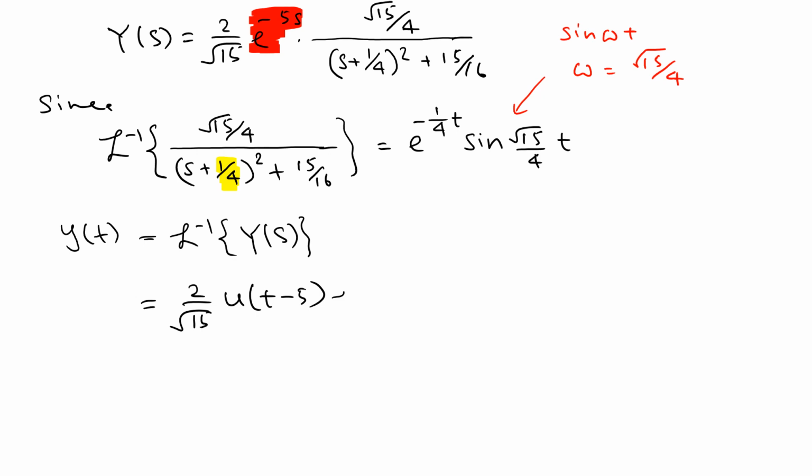What we want to do is replace all the t in the function by t minus 5. So it is e to the minus 1/4 (t minus 5), and then sine of square root 15 over 4 (t minus 5). And that's the solution.